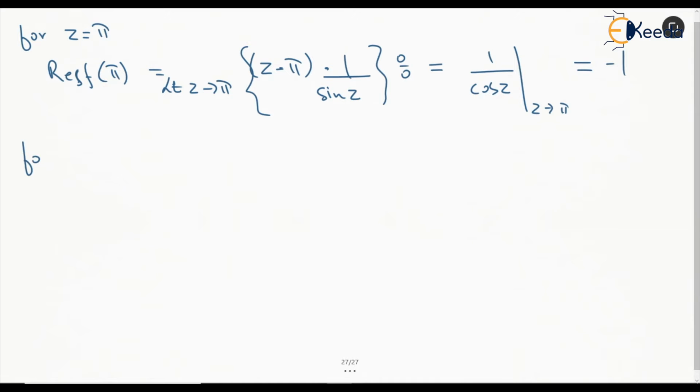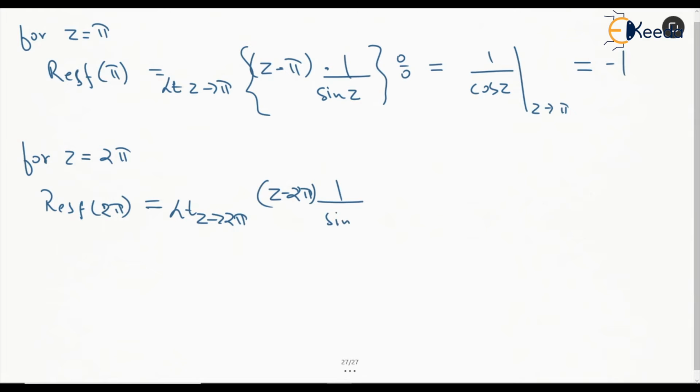Third is for z equal to 2 pi, so the residue is f of 2 pi equal to limit z tends to 2 pi, z minus 2 pi into 1 by sine z.